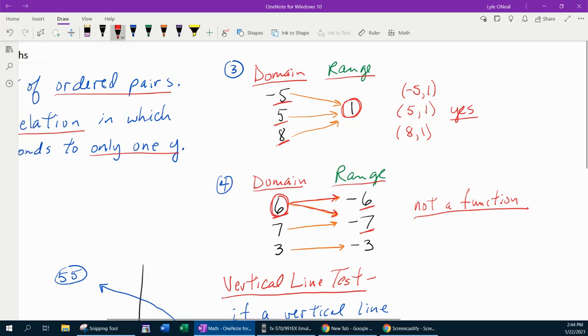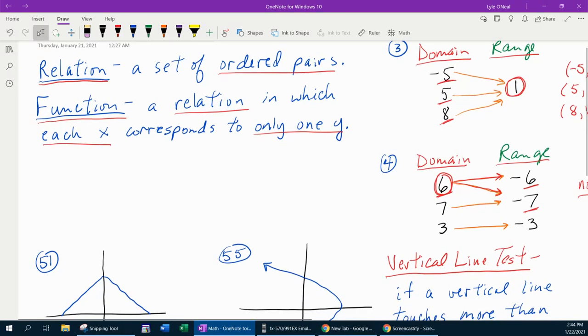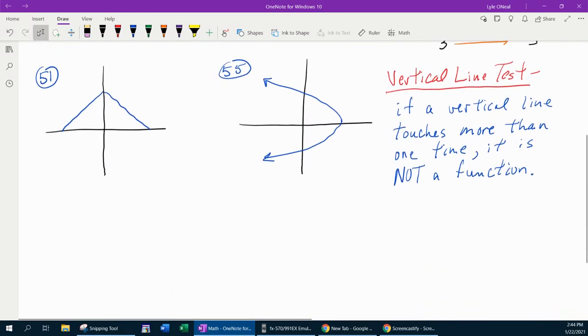Moving on, we're going to jump all the way down to number 51 and 55, and we're going to look at how to determine if a graph is the graph of a function. To do that, we're going to use something called the vertical line test, which says if a vertical line touches more than one time, your graph is not a function.